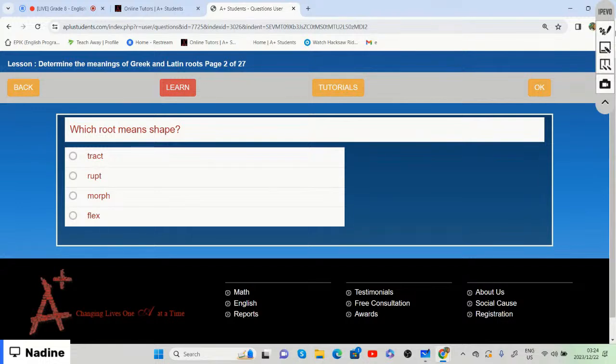So which root means shape? Is it tract, is it rapt, morph, or is it flex?